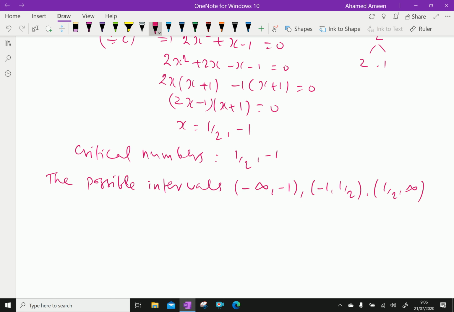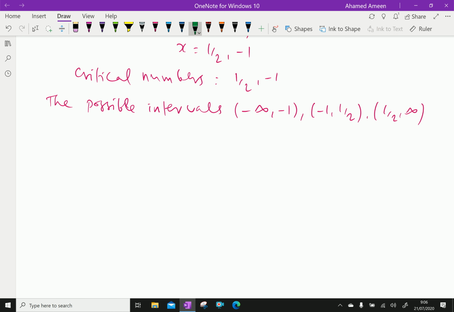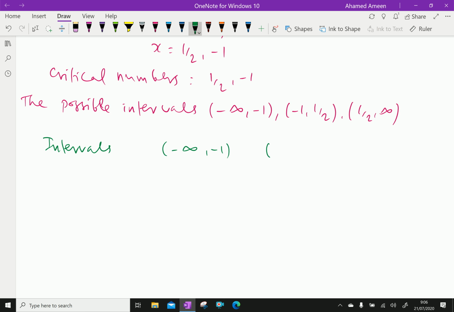These are the intervals. Now we'll discuss the intervals.